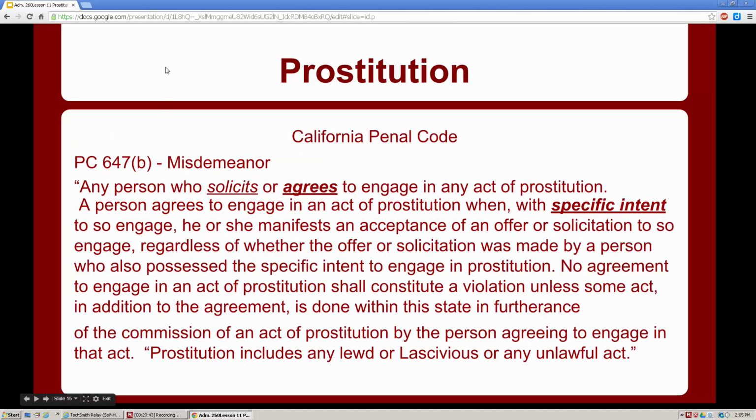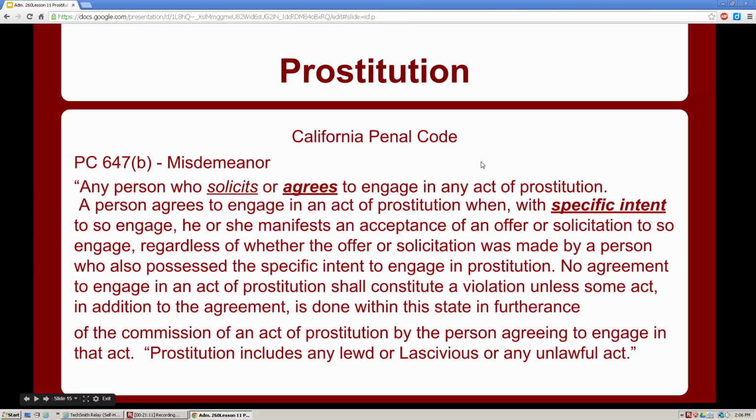Now you look at the California Penal Code, and the enforcement section for prostitution comes under PC 647 subsection B. It is a misdemeanor for a violation, and it's fairly ambiguous. There's a lot of lawyerese talk, but what it comes down to is specific intent.